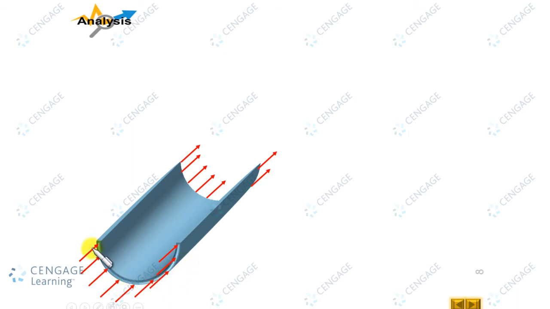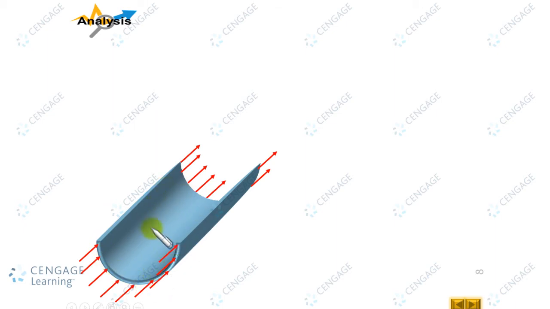So here we can assume this wire or this cross section is made of a number of wires placed side by side in the form of a semicircle, right? You can assume these red color lines as wires placed side by side. And we can find the current density also. Suppose the current is I, that means the current density should be equal to I divided by pi r, because the length of this section is pi r.